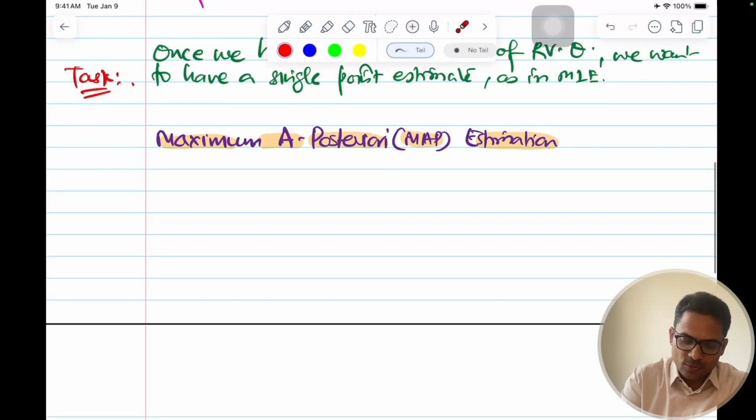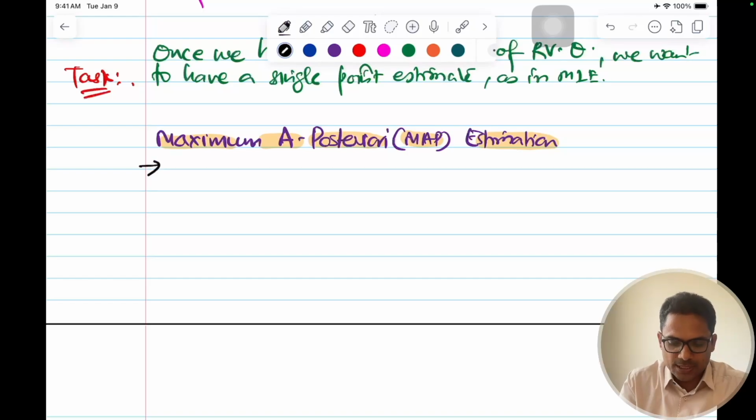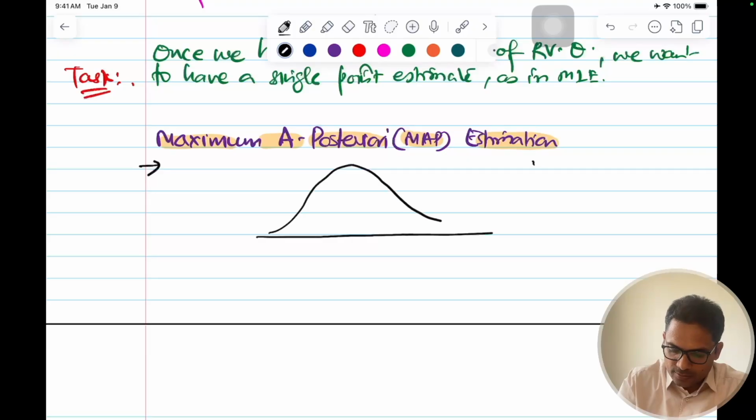What does it do basically? What is the theory behind this? Maximum a posteriori estimation finds the peak. For example, we assume that this is a Gaussian. In a Gaussian, the mu is also the peak.